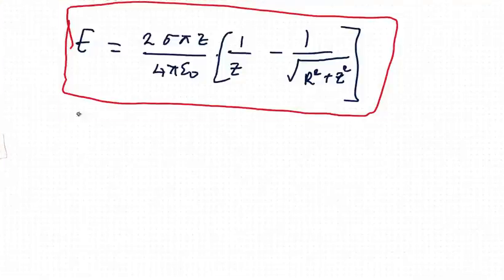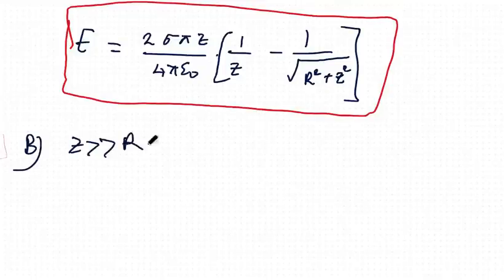In the case where z is much greater than r, r doesn't have any significance.